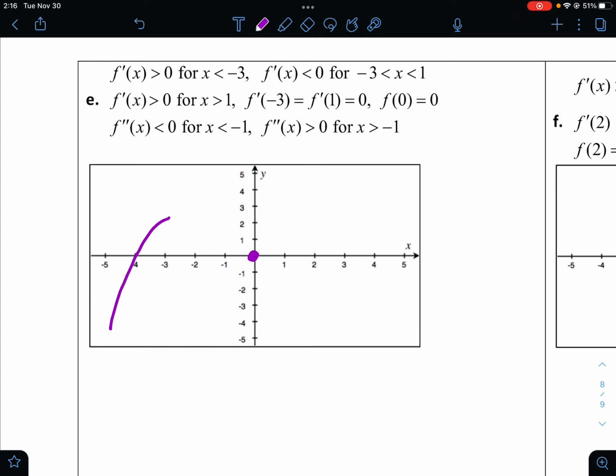But it's got to go through. There we go. And then increasing after that. And we should have concave down up until negative 1. Looks about right there. And then concave up after negative 1.